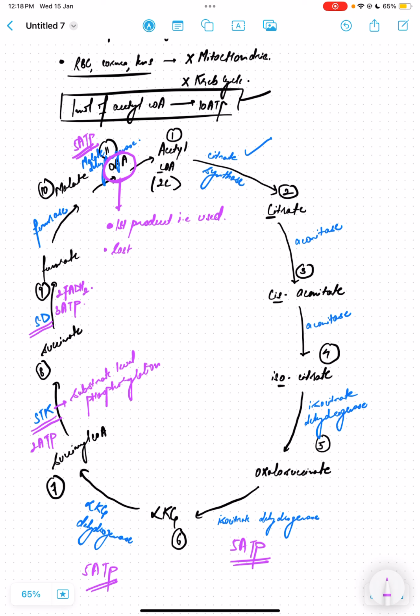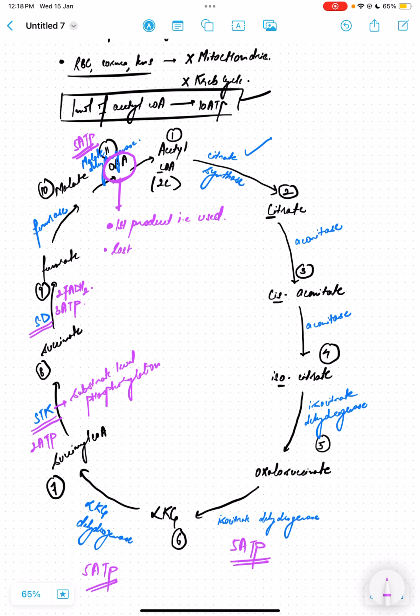From oxalosuccinate to alpha ketoglutarate and from alpha ketoglutarate to succinyl CoA, there will be the generation of 5 ATP in both processes. In the succinate thiokinase step we will have the generation of 2 ATP, while in the case of succinate dehydrogenase we will have the generation of 3 ATP and 2 molecules of FADH2, while during the conversion of malate to oxaloacetic acid we will have again generation of 5 ATP.